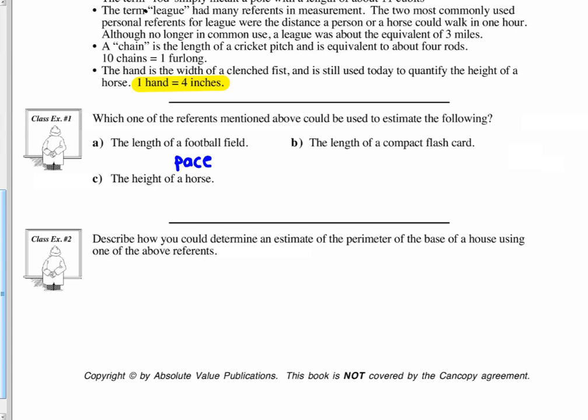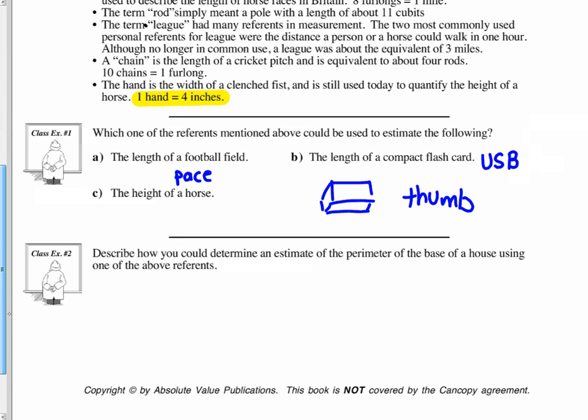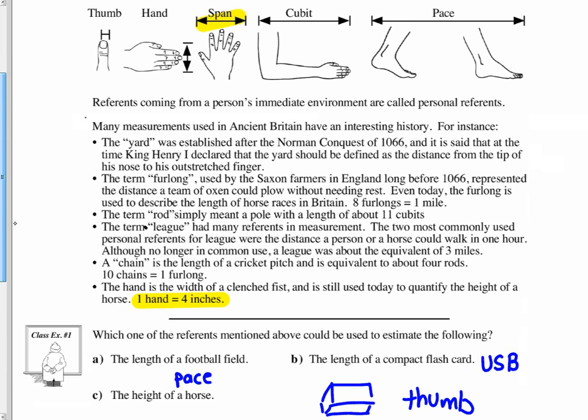The length of a compact flash drive. What? Flash card? Compact flash card? Are they talking about a USB? It's also called a thumb drive, so wouldn't that be a good referent? The thumb. The height of a horse: a cubit, or you could also use your span.